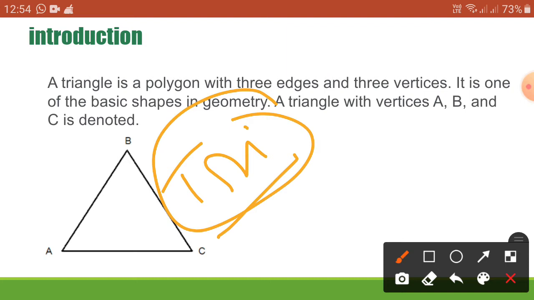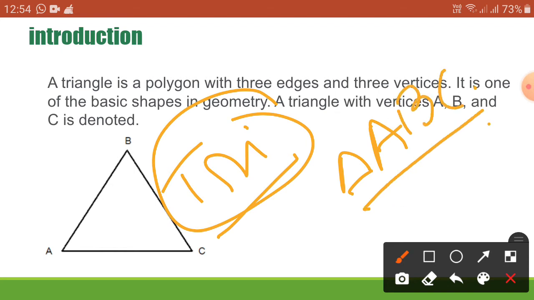For example, if I take this triangle, that is ABC triangle, it is denoted by triangle ABC.